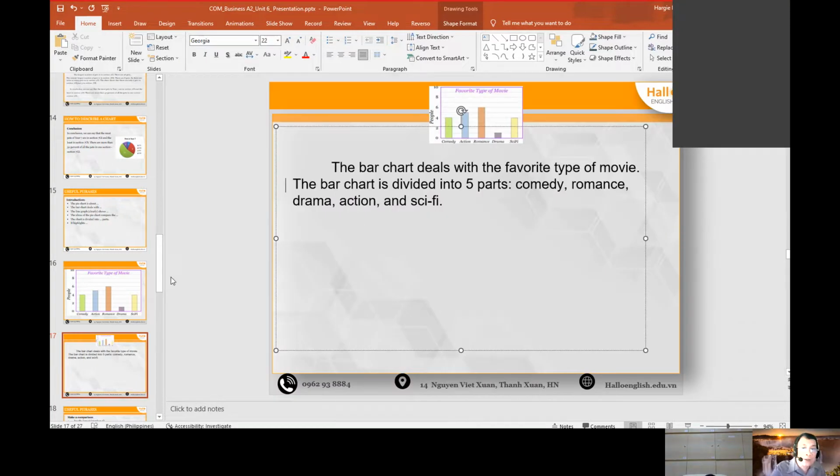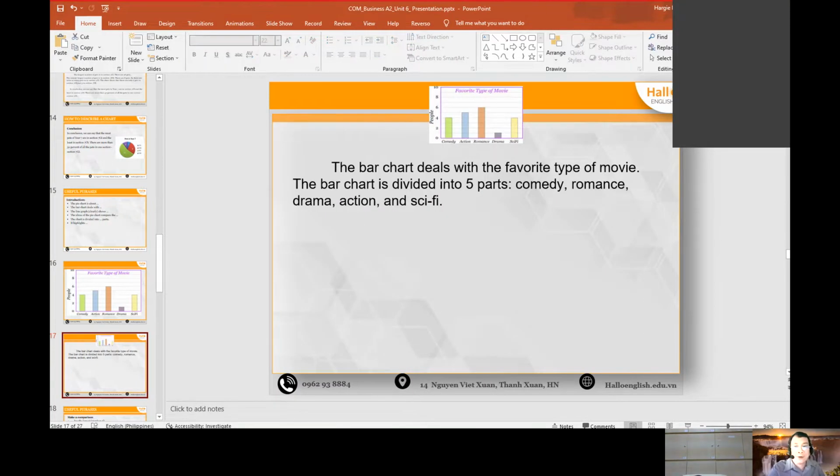Okay, look at this one, Toy. Can you read this one now? So this would be our introduction of our report. The bar chart deals with the favorite type of movie.